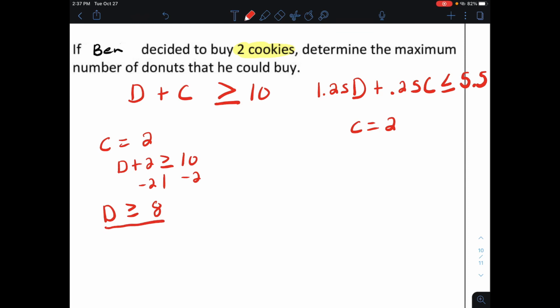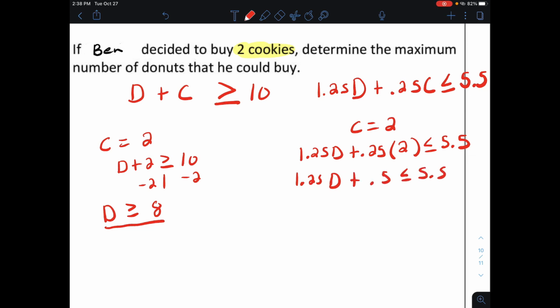All right, our second expression, we put in 2 for the C, 1.25 times D, plus 0.25 times C, but C is 2, has to be less than or equal to $5.50. Well, 0.25 times 2 is 0.50. So we have 0.5 less than or equal to 5.5.